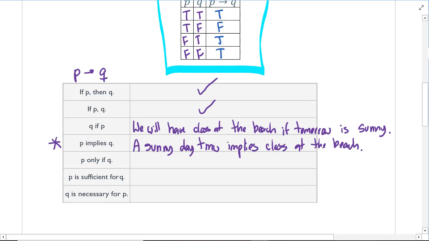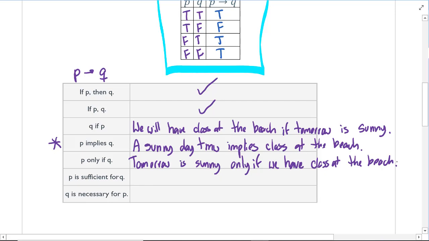Now, here's where it gets a little bit tricky, so remember this part. P only if Q. P is tomorrow is sunny. So: tomorrow is sunny only if we have class at the beach.